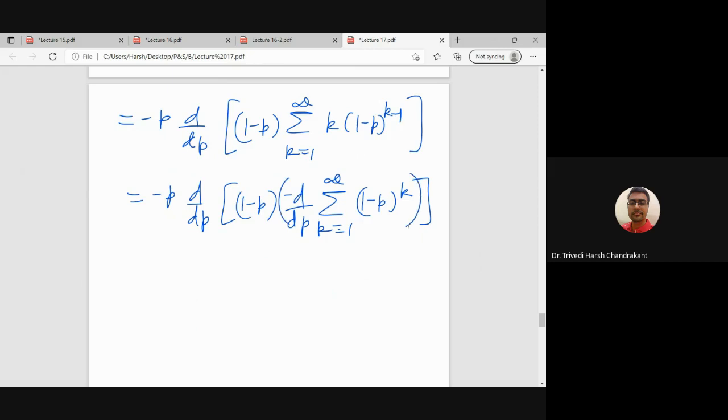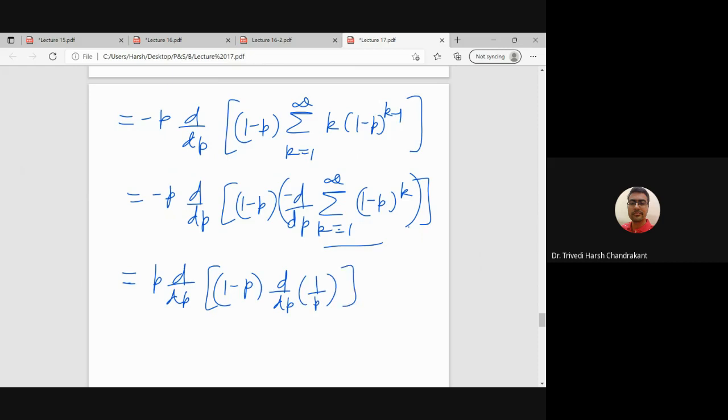Okay, and then what is the sum of this series? That is 1 by p, right? We have computed just now, that is 1 by p. And this minus we can make it plus. So that is p times the derivative of (1 minus p) times the derivative of 1 by p.